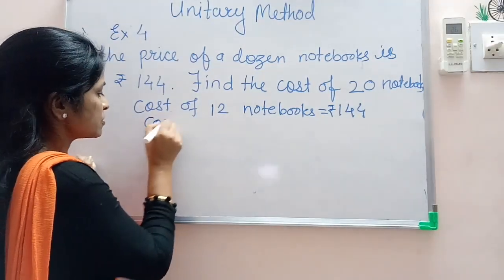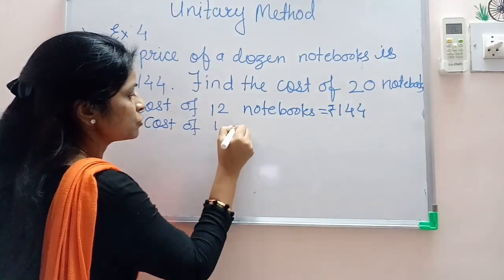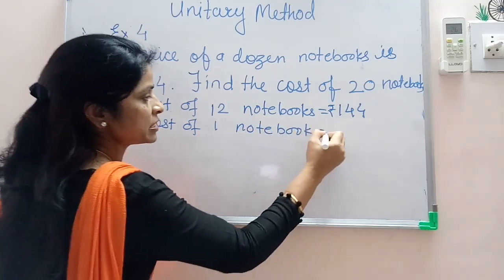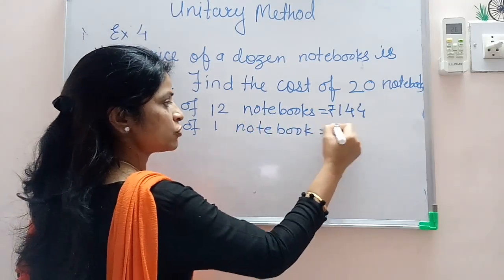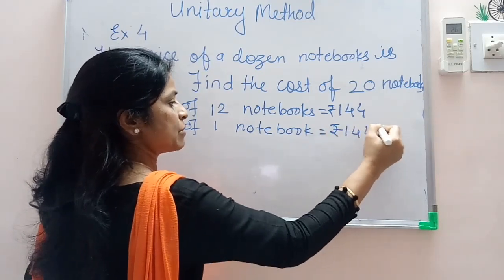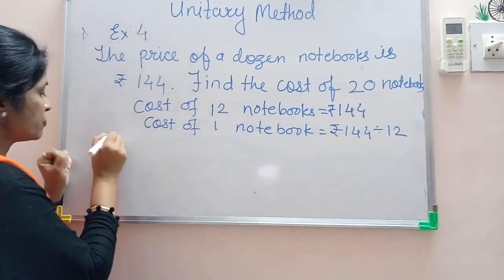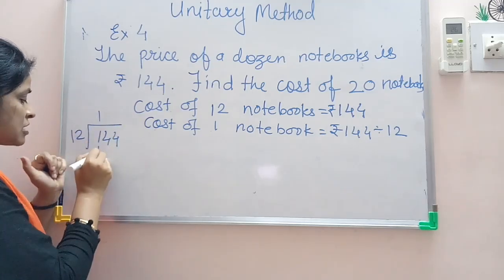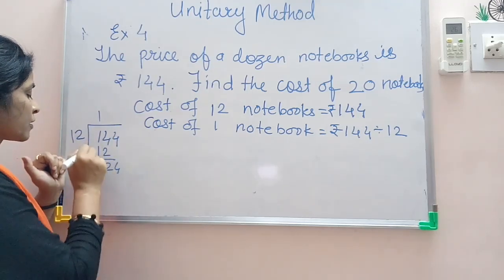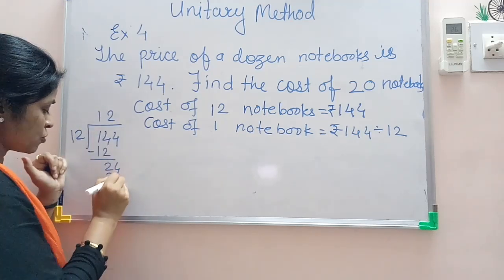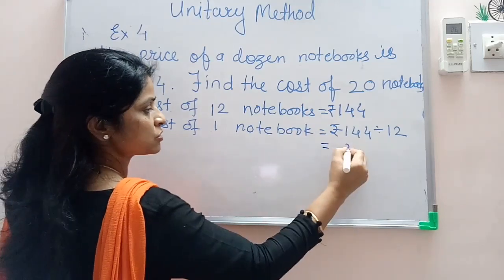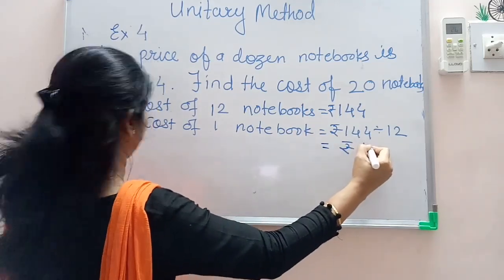So cost of one notebook, for this what is the cost of 12 notebook is given, that divided by 12. Now 144 divided by 12, 12 ones are 12, 12 twos are 24. So the cost of one notebook is rupees 12.